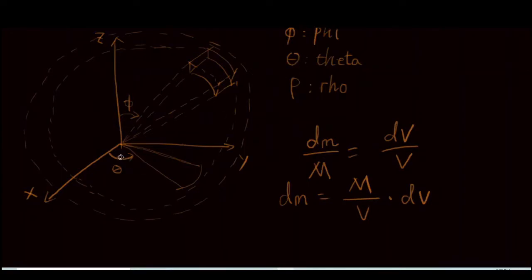Theta is the angle between the terminal side and the positive x-axis. And rho is the distance from the destination point to the center of the sphere. So rho could range from 0, which is right at the center of the sphere, to r, which is the radius of the sphere.